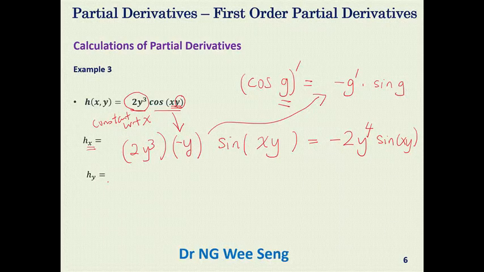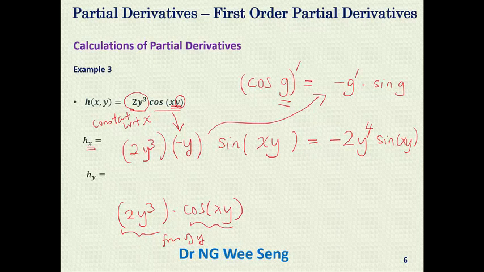Now let's differentiate h partially with respect to y. This time, we have more work to do. That's because both 2y cubed and cosine xy are functions of y. So we are differentiating a product of 2 functions of y with respect to y.